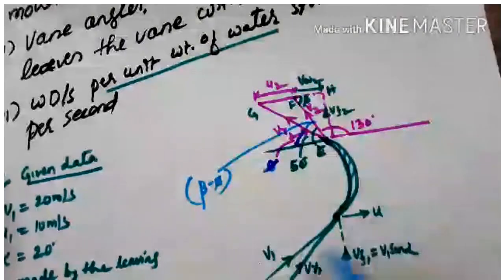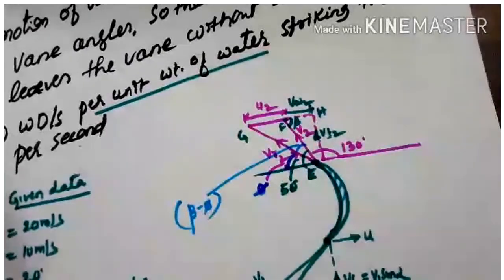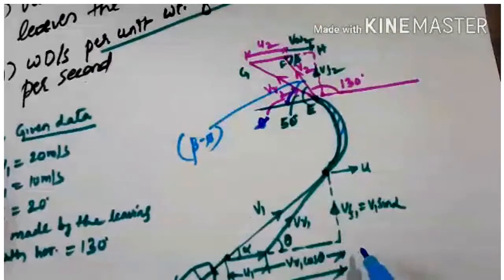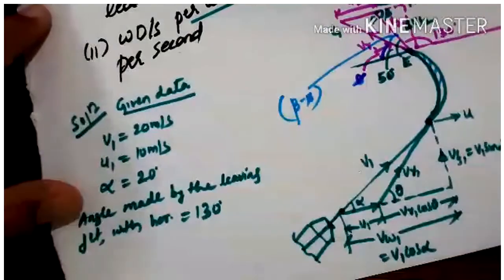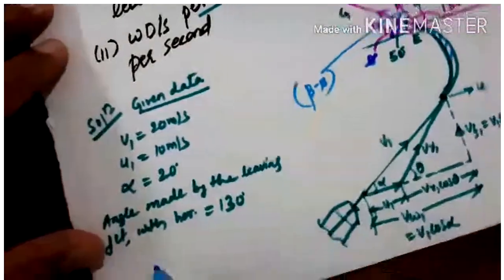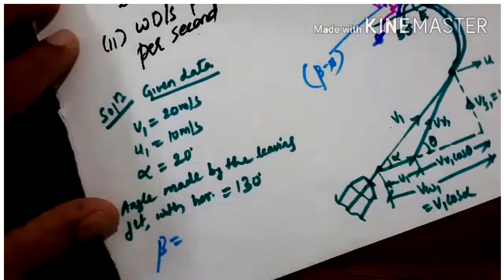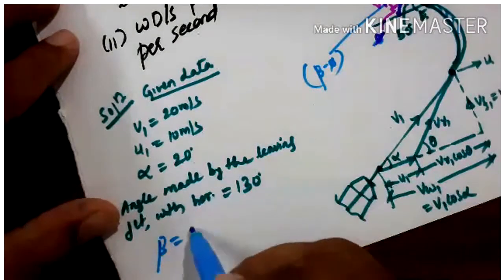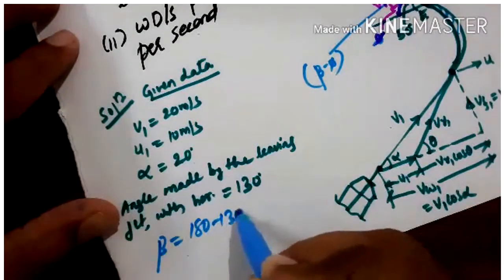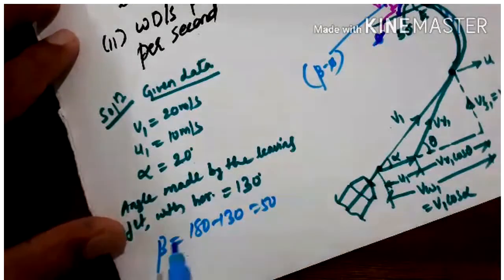So to construct the outlet velocity triangle as well as the inlet velocity triangle, once you construct them, you can easily calculate. Now here I can write beta will be 180 minus 130 is equal to 50 degree.